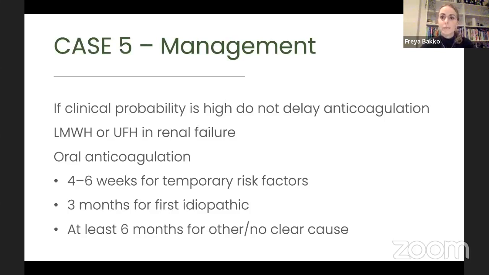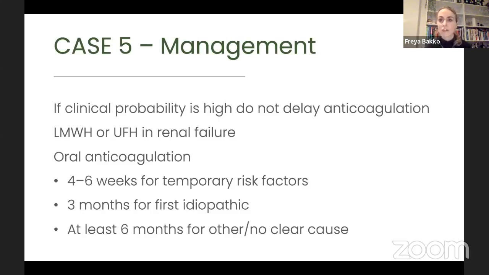The management in post-op patients will be something to discuss with your seniors, because patients are obviously at high risk of bleeding post-operatively, but they're probably at higher risk of morbidity and mortality from a PE. So the usual management will be low molecular weight heparin or unfractionated heparin in patients with renal failure.